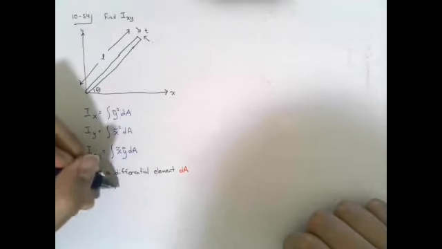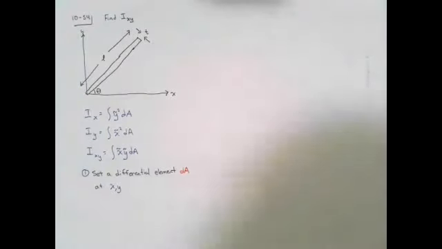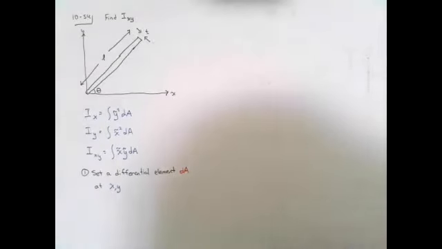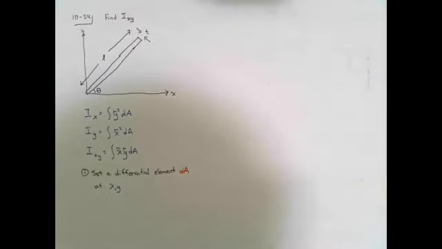Now here, I'd like for you to look at the geometry of this shape. We could draw a horizontal or a vertical element. However, I don't think that will be very helpful for us this time.